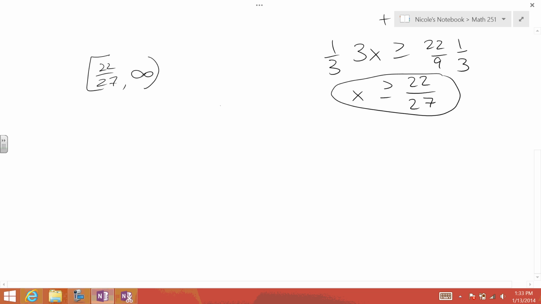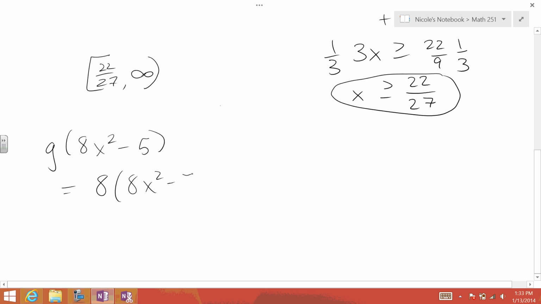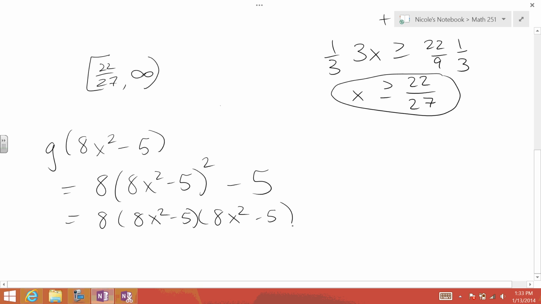Now let's do part D, which is finding g of x. So that's g of 8x squared minus 5. So that's equal to 8. Now we see an x, 8x squared minus 5, squared, minus 5. So that's equal to 8 times 8x squared minus 5 times 8x squared minus 5, minus 5.